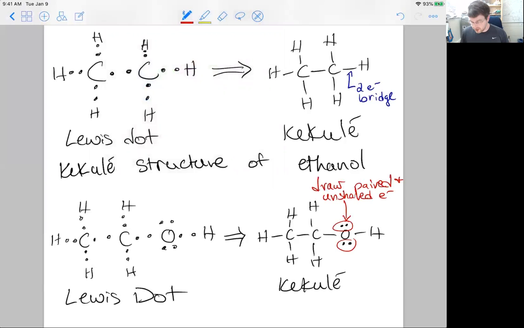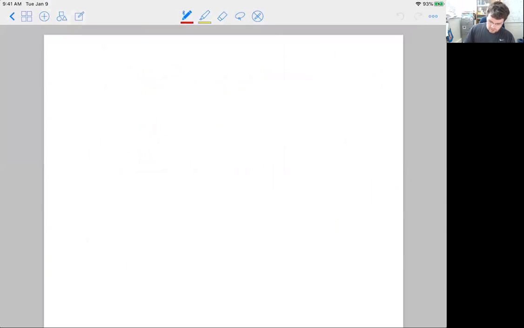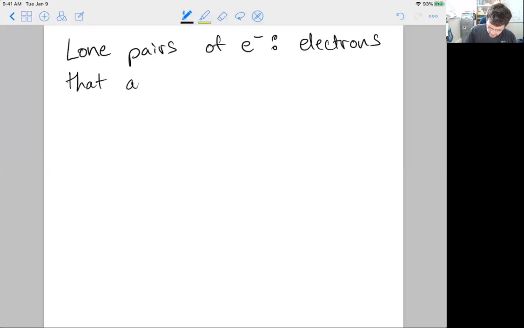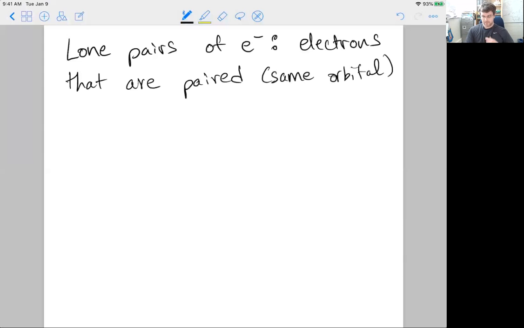Those are actually called lone pairs of electrons. Electrons that are paired, and really that means they're in the same orbital, as we will see, but do not form covalent bonds.